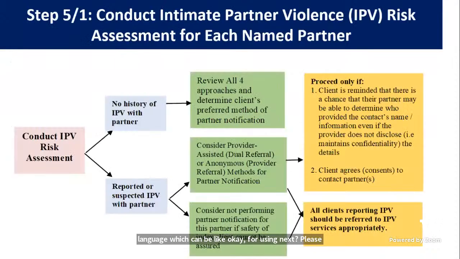So once the index case has shared contact details, you can thank them, and say, okay, this is the list we have prepared. Now I would like to contact each one of them, and before that, I would like to know how you want us to contact them.